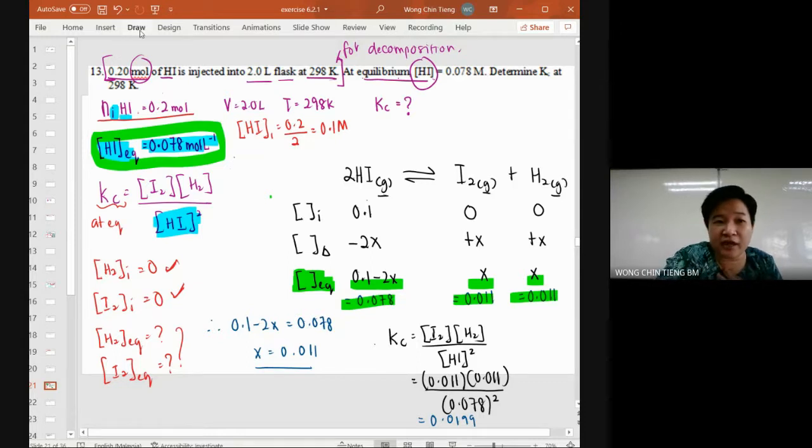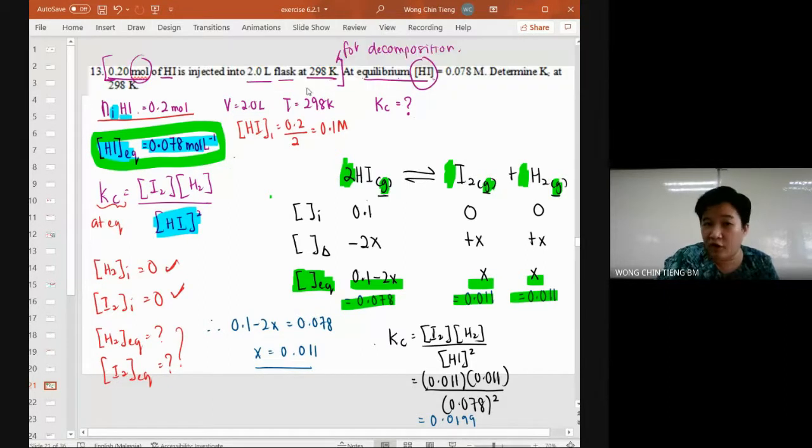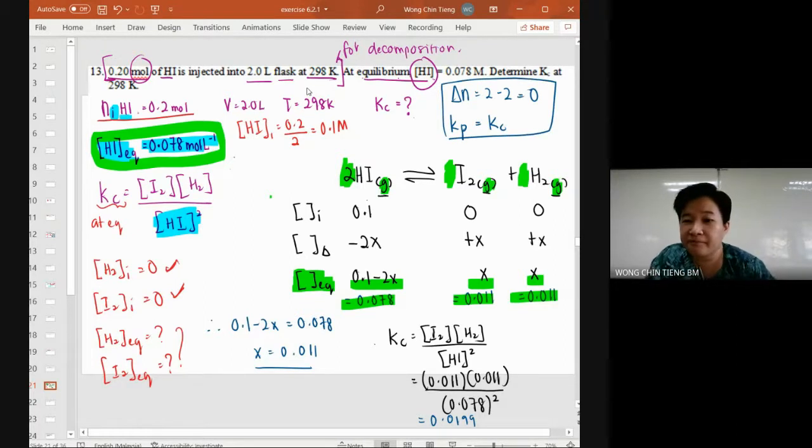Kenapa saya tanya, is because your delta n equals 0. Betul? Semua adalah gas. So bila semua adalah gas and you solve your delta n, it equals 2 minus 2 equals 0. So your Kp akan sama dengan Kc when the delta n equals 0. Agree? Senang?